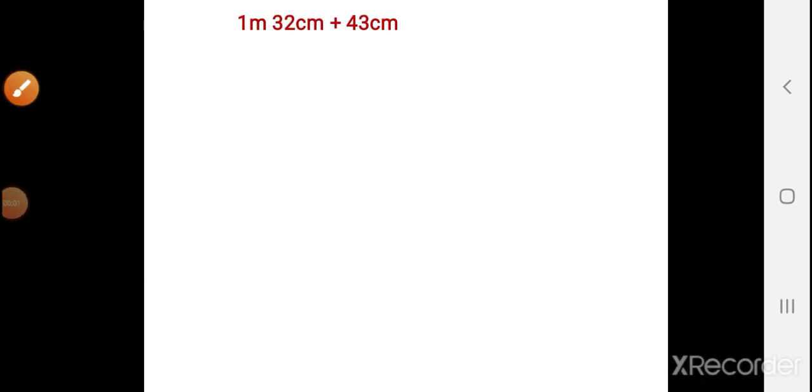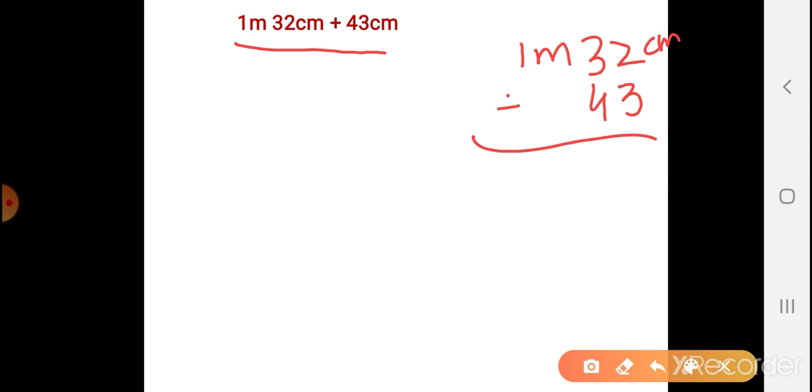1 meter 32 centimeters should be added to 43 centimeters. Let's add 1 meter 32 centimeters. If we add 43, 3 and 2 we would get 5, 3 and 4 that is 7, and 1.